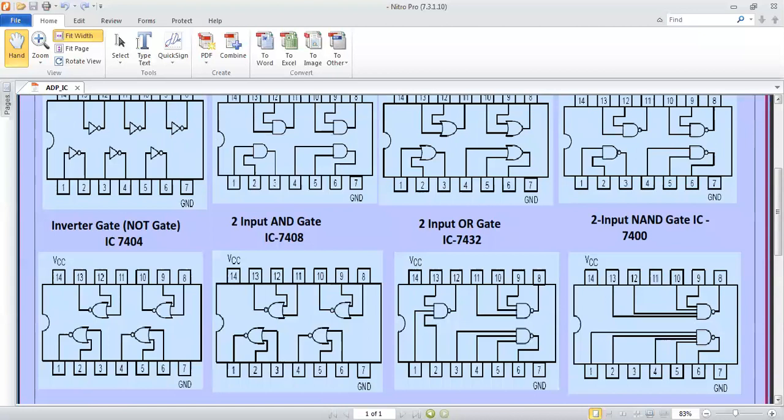The construction of all is a 14 pin IC, in which common is that pin number 14 is plus 5 voltage, and pin number 7 is ground. So these 2 points are common for each and every IC that has 14 legs or 14 pins.